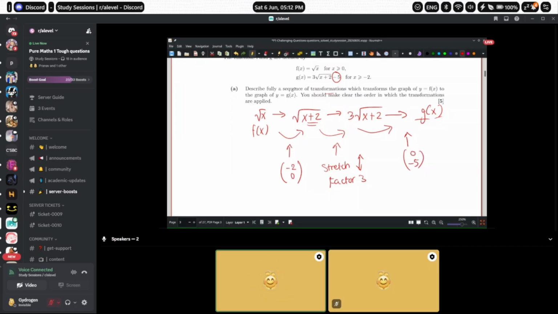And they haven't said how many transformations we have to make, so we can say this is the first one, this is the second one, and this is the third one. But there's also one way to simplify this by turning it into two transformations.